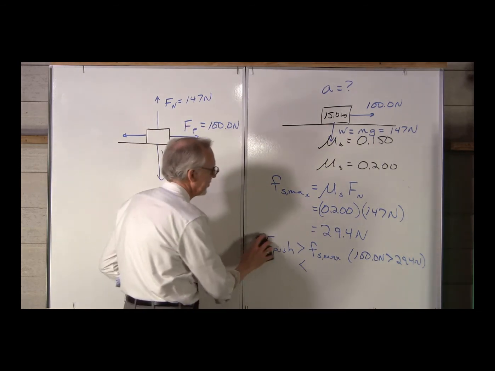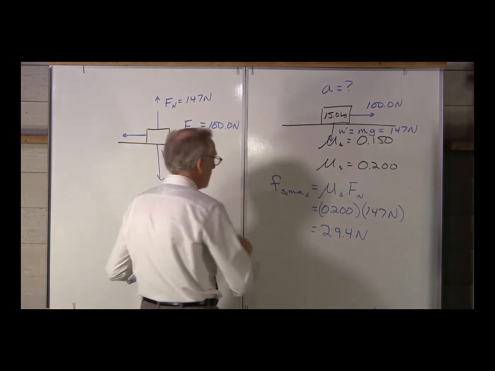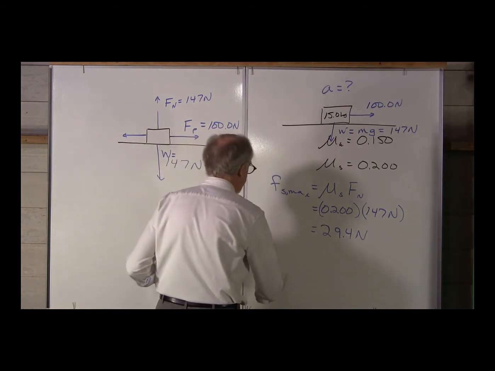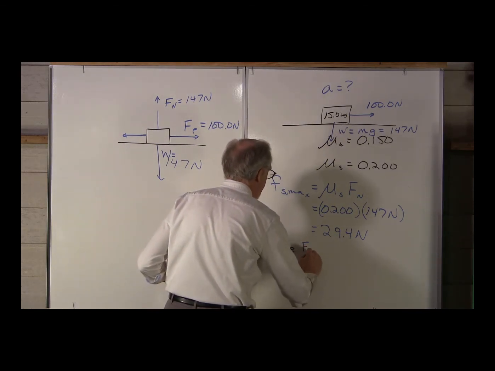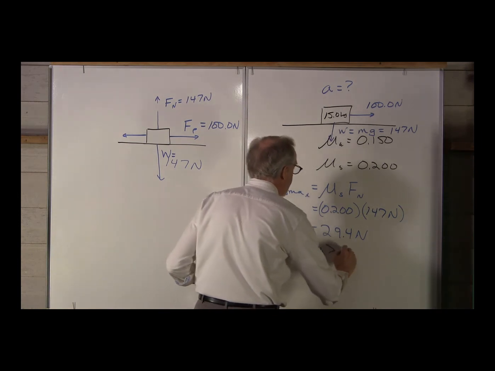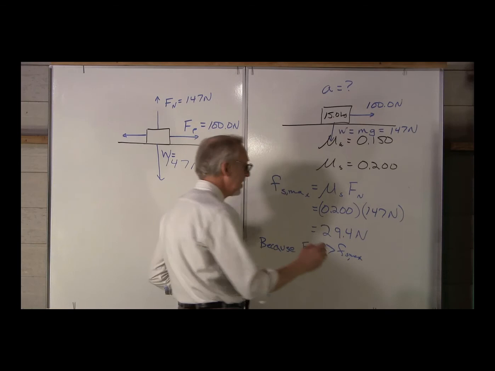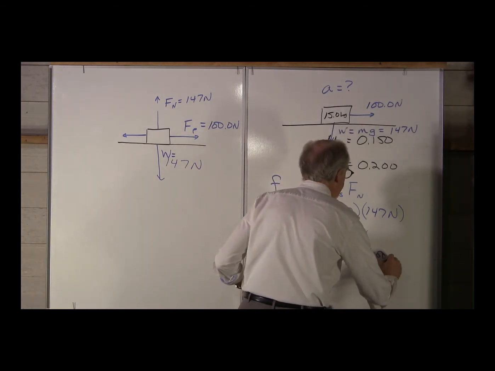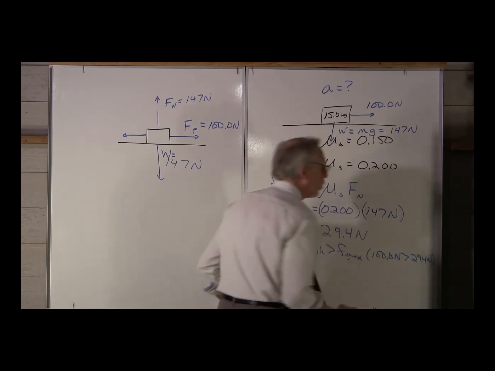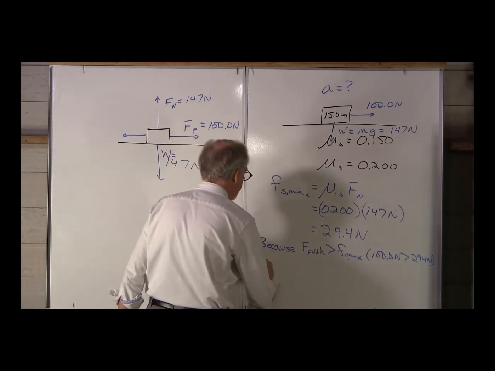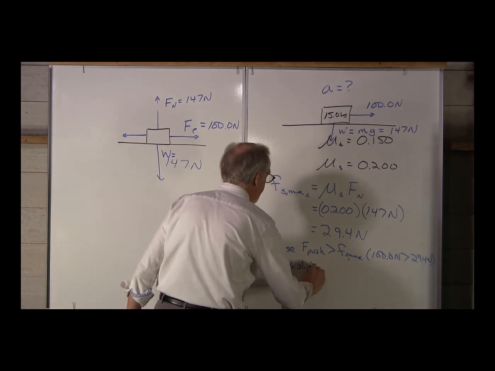Let's continue. So in this case, what do we have? I'll write this out. Because F push is greater than Fs max, in other words, 100 newtons is greater than 29.4 newtons, the block slides.